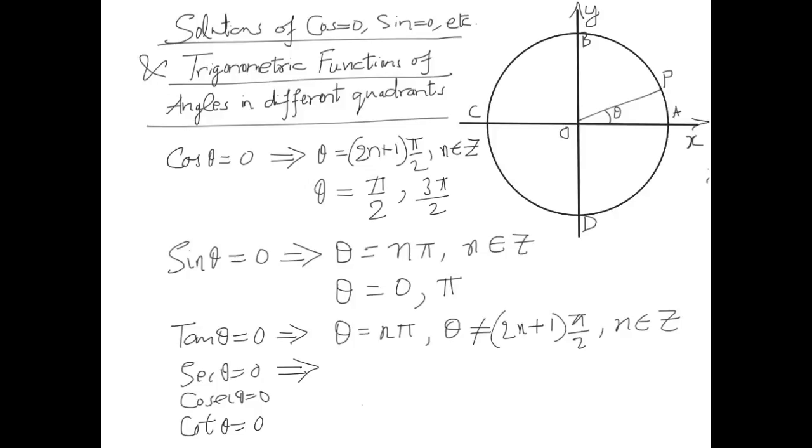We have seen that for the functions sec theta and cosec theta, their values range from +1 to plus infinity, and on the negative side from minus infinity to -1. So therefore they cannot take a value 0. Therefore we say that these two equations, that is sec theta is equal to 0 and cosec theta is equal to 0, do not have any solution, no solution.